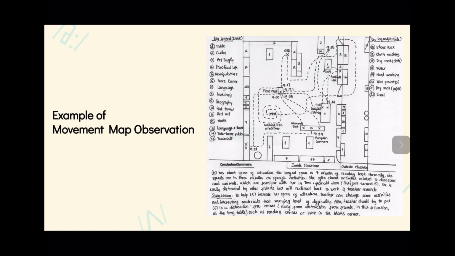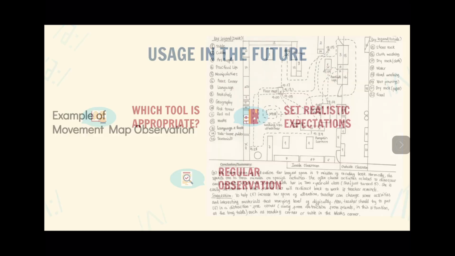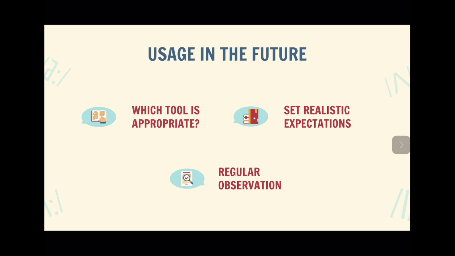That example makes me think of how I can use observation tools in the future. So first, understanding and trying out a variety of tools to see the advantages and disadvantages of each tool. Then I will figure out which tools are best for a specific situation.